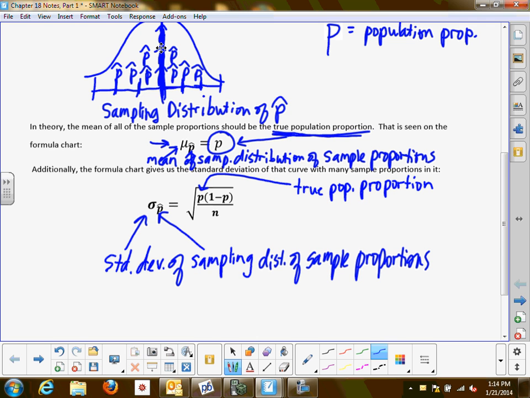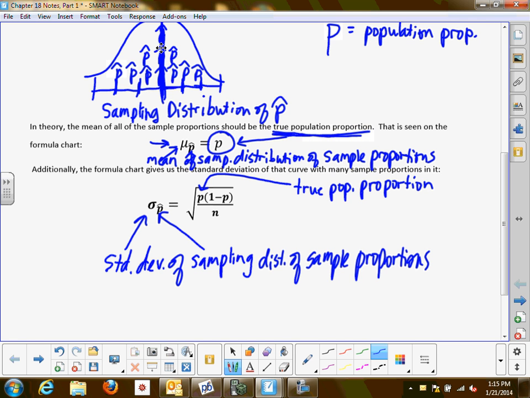Do not put your p hat in this formula. Your sample results do not go here. This P is like what the M&M's company claims. They say they put out 24% blue M&Ms, so that's what goes there. That P is 24% in that particular distribution.